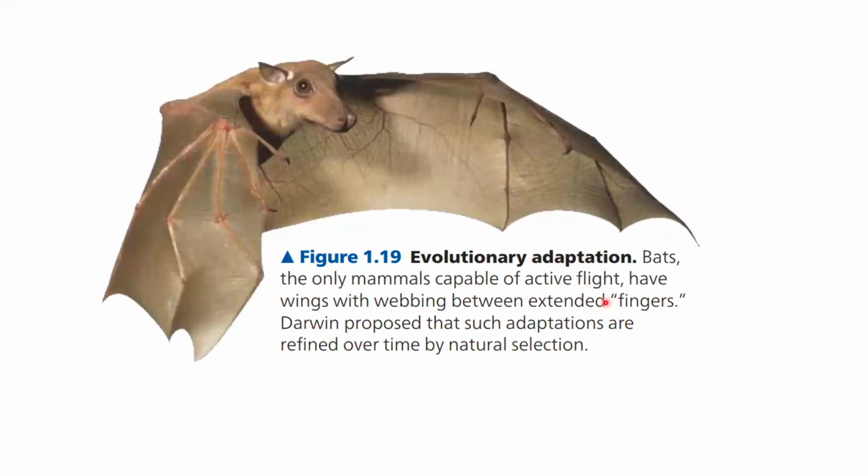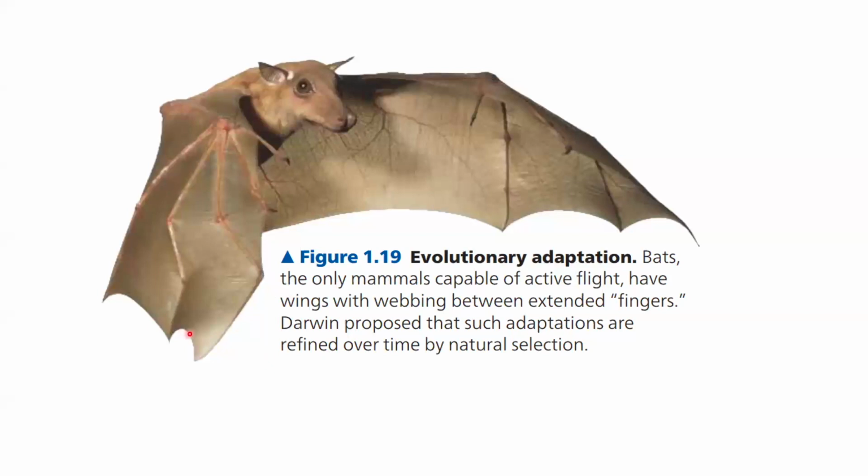So bats have wings similar to how birds have wings, but actually we share an evolutionary history, a relatedness, with bats, where if you look closely at this area on the bat wing, that's actually similar to our hand, at least if you look at the bone structure. If you're able to get a close look at the bone structure, you can see that there's essentially five fingers there, but they're not actually fingers.